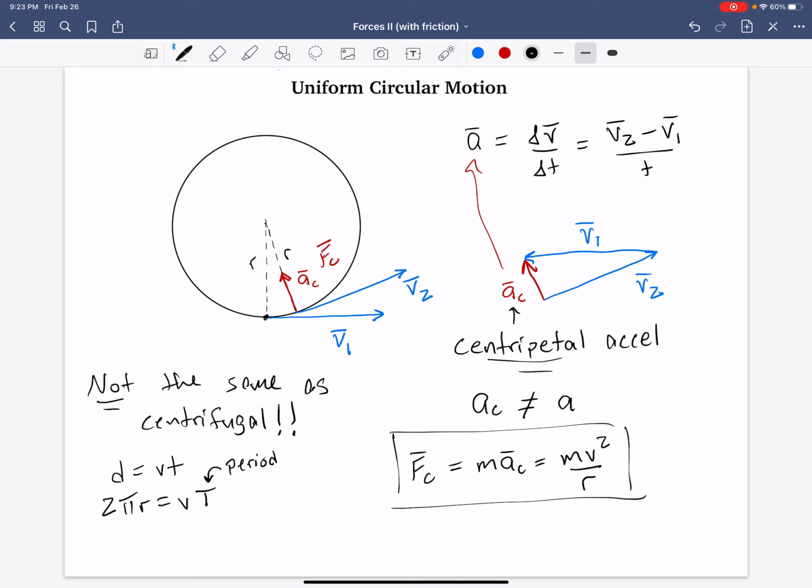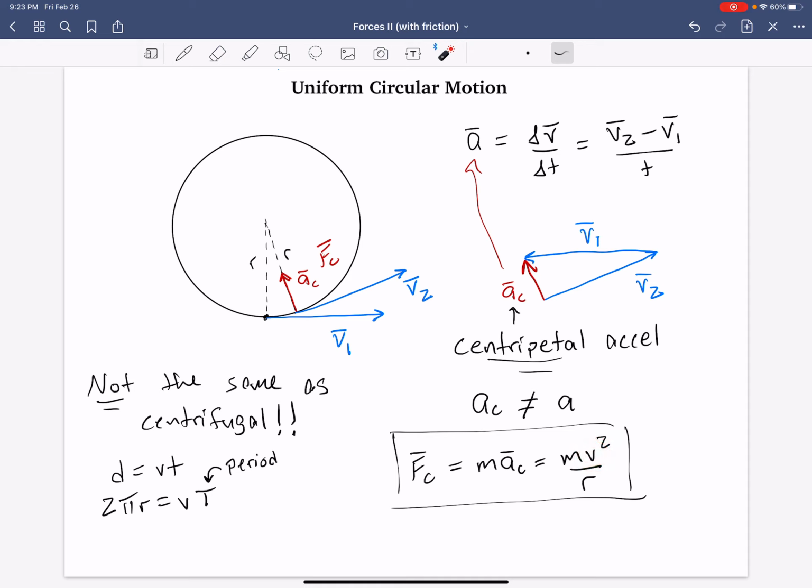So it is what it is. Okay, this is the distance equals rate times time. And so if you wanted to, you can solve for the speed this way as well. This is the linear speed, v here, linear speed, as is this.